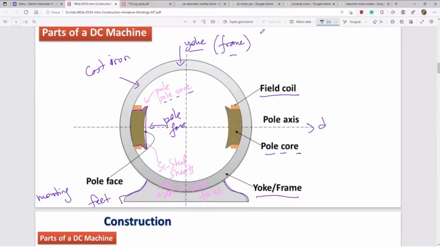Stator is the part where we produce magnetic field in DC machines. Stator is the part where main magnetic field is produced. That magnetic field will be generated by permanent magnets or will be generated by using electromagnets, just like here in this page.